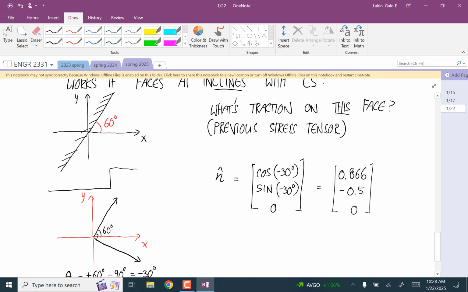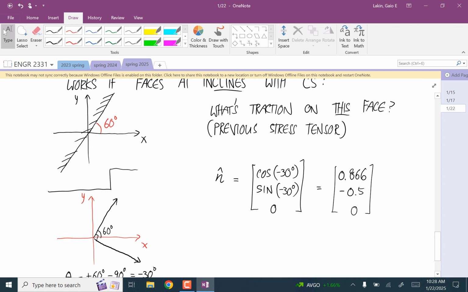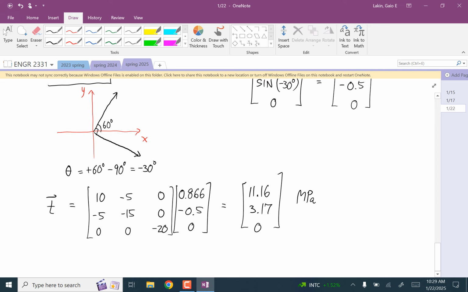So if we knew that the stress was what we had in that stress tensor, but we knew that in our setup one side of this material was at this angle, then in order for that stress tensor to be accurate on that face, you would have to have a force per area going in the positive x direction, so straight out this way, and one in the positive y direction, so that way.